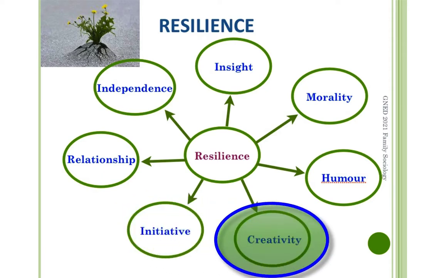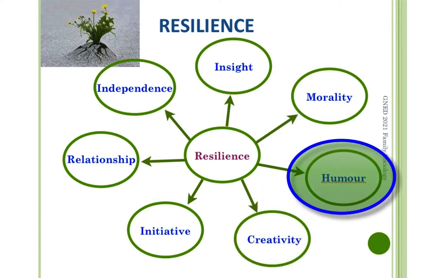Creativity is using imagination and expressing oneself in art forms. We could use creativity both as a way of calming ourselves over time, but it also contributes to problem solving in a more creative way. Humor is finding the comic in the tragic.